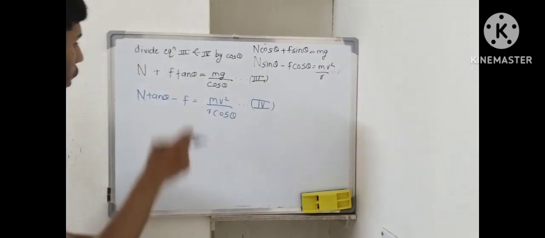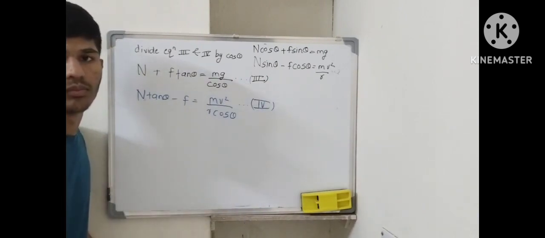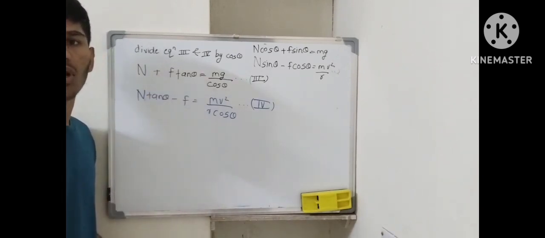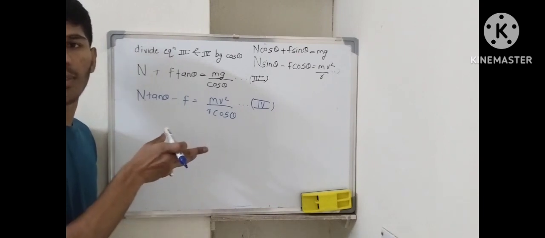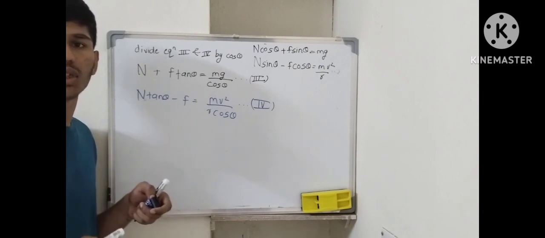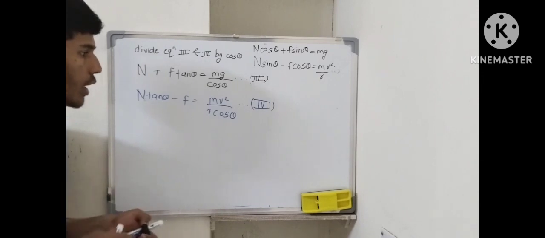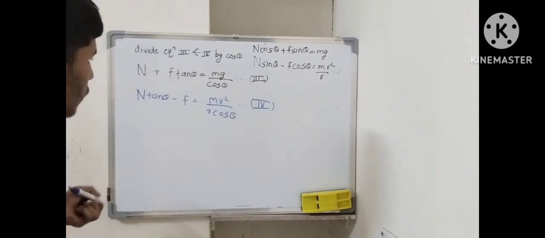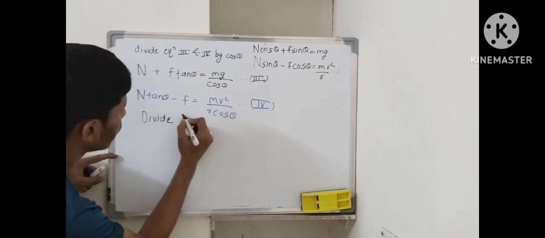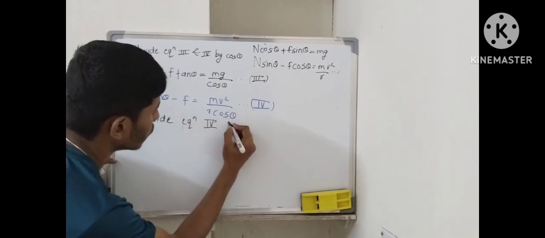Got it? Now what will we do? We will divide equation number 4 by 3. Pay attention, this derivation is more useful because the concept we are using here will be useful for finding solutions to problems in your CET examination. Understand the logic behind this derivation. So divide equation 4 by 3.